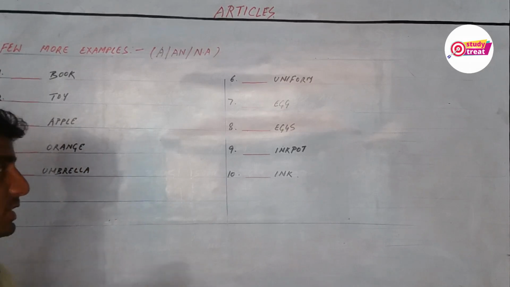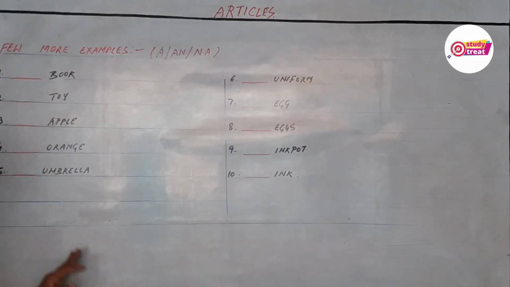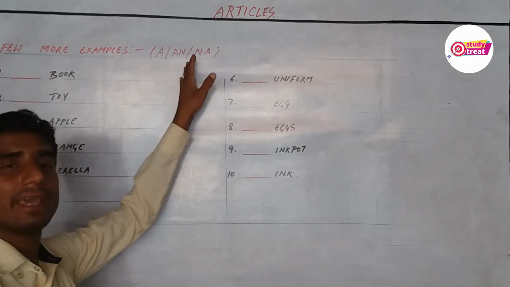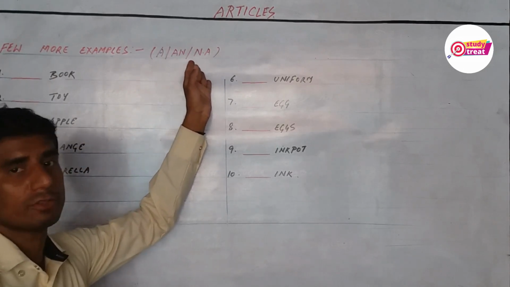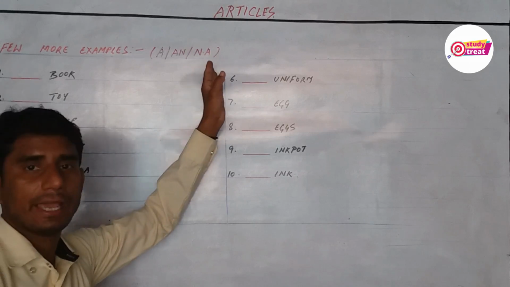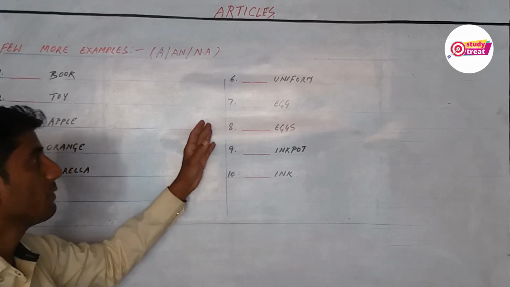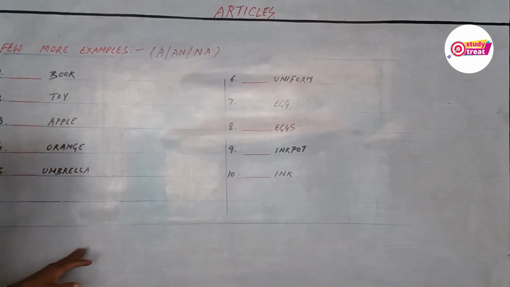Now guys, let us check a few more examples. What you have to use: a or an, or, where not necessary, no article. I have written n.a. for no article. First example: dash book.